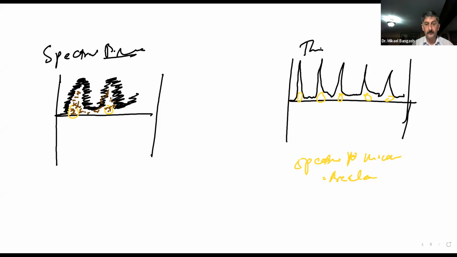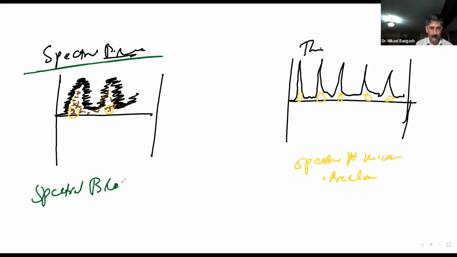Now, on a spectral analysis, what will spectral broadening indicate? Normally, it will indicate that you have a turbulent flow. Did that make sense?